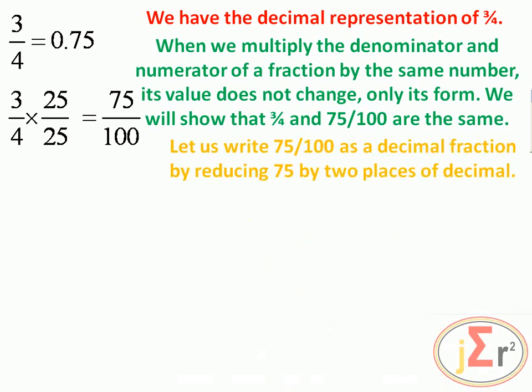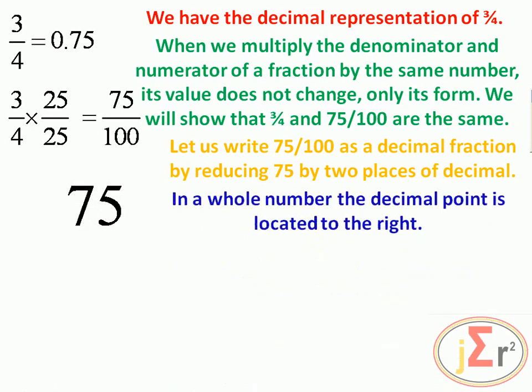So let us write 75 over 100 as a decimal fraction by reducing 75 by 2 places of decimal. So we have 75 over 100, which is what we have right here, and we are going to write that in decimal form by reducing by 2 places of decimal.